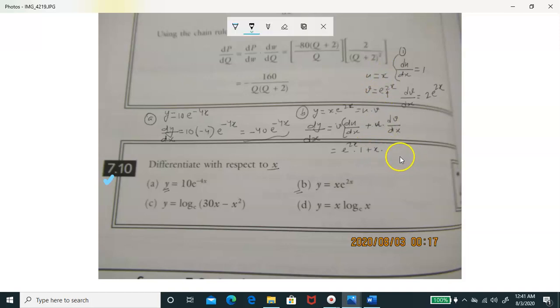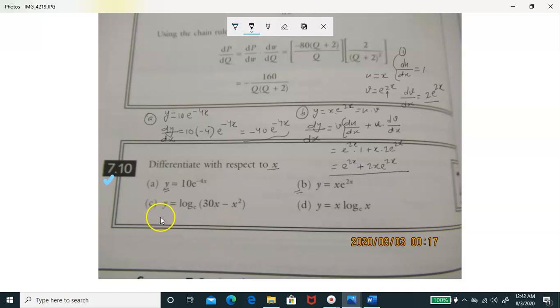And then multiply with this e^x. So let us then simplify: e^x times 1 is just e^x, and this will be x e^x, see? So that will be the answer using the product rule, see?